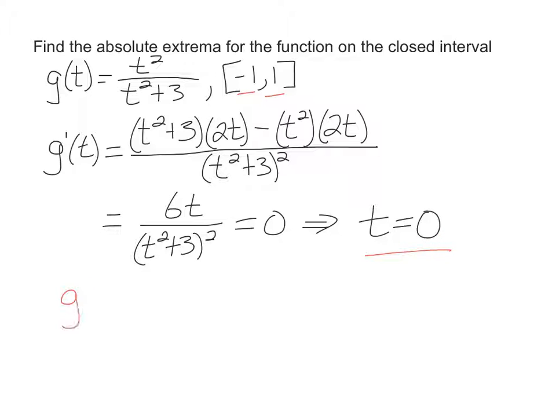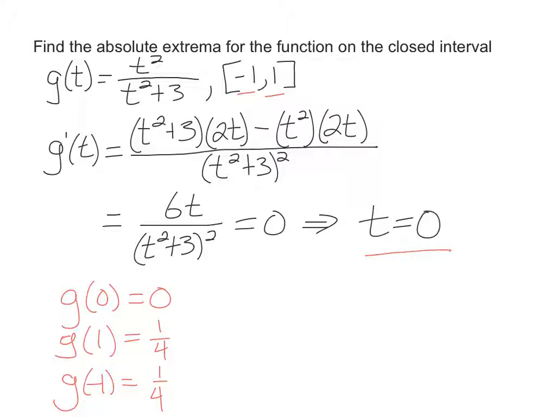So when we look at g of 0, the original function, you get 0. When you look at g of 1, you get 1/4. When you get g of -1, you also get 1/4.